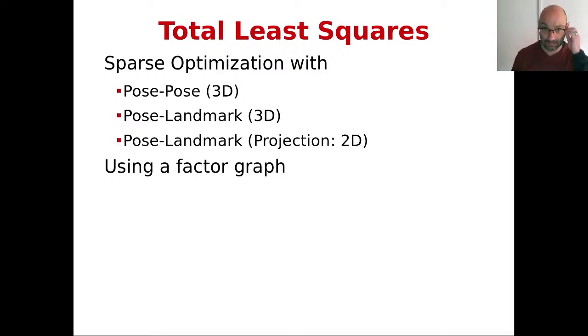So we want to estimate a map and a trajectory of a robot that is equipped or not with a sensor capable of measuring the relative position between pairs of poses, or subsequent poses in case of odometry, is equipped or not with a landmark sensor that is able to reveal the global position of a point with respect to the robot, and is equipped or not, because we will be able to switch on and off this component, with a camera, a projection sensor that is capable of sensing the image projection of a landmark with respect to a certain robot position.